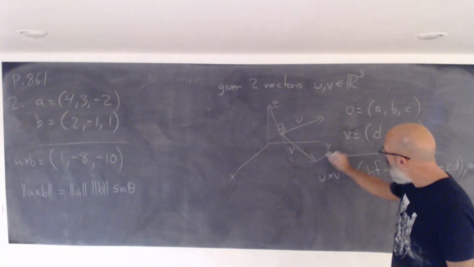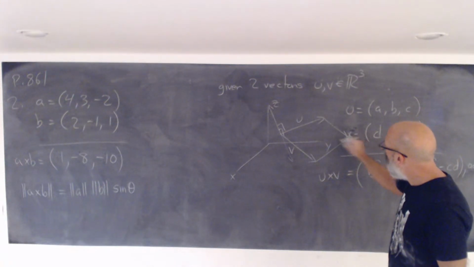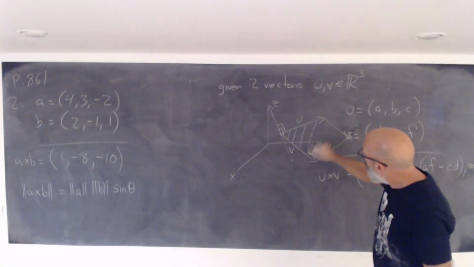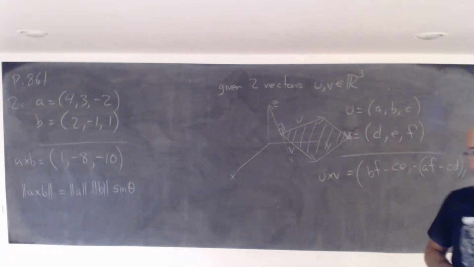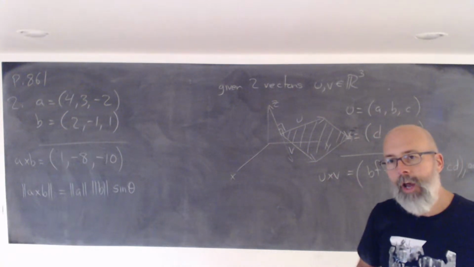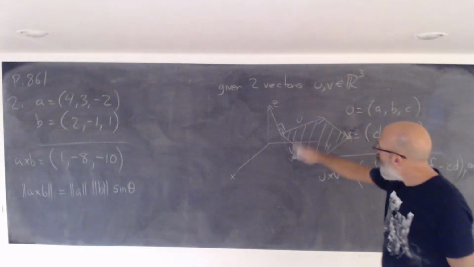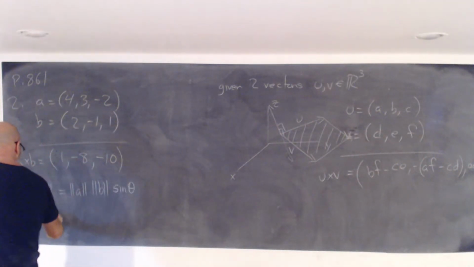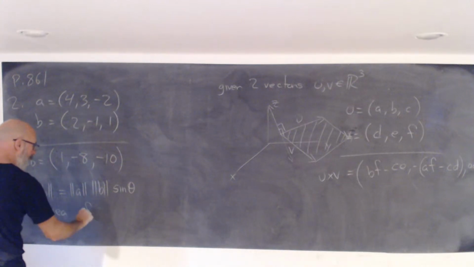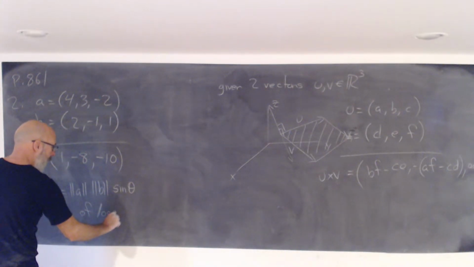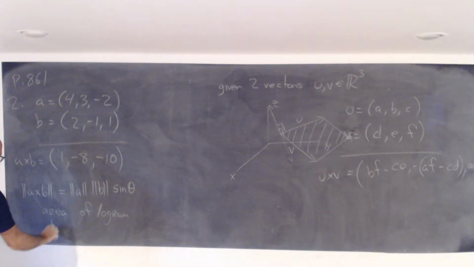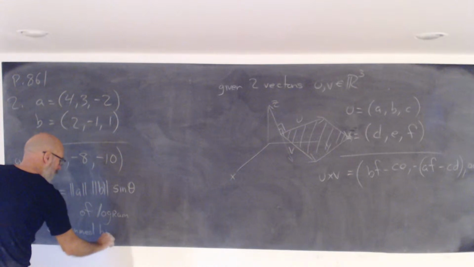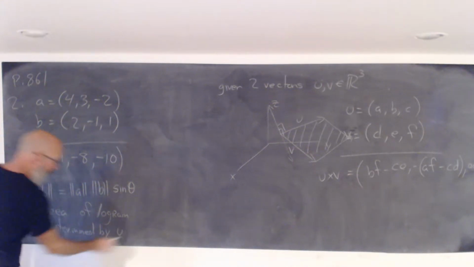That means that the length of the cross product is actually the area of the parallelogram determined by U and V. This is the area of the parallelogram determined by A and B in this case.